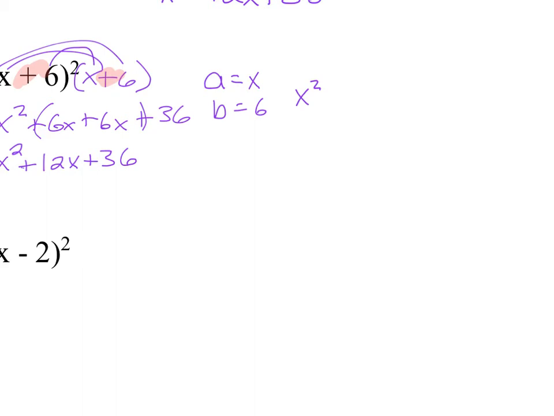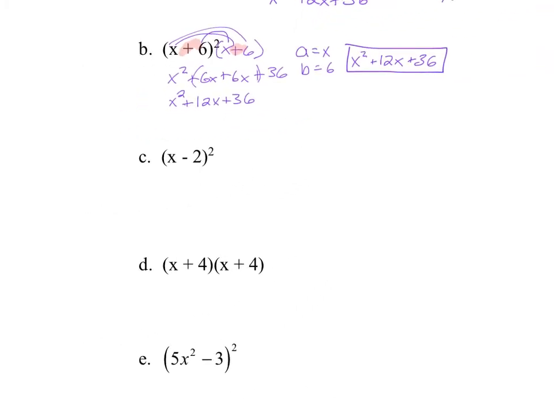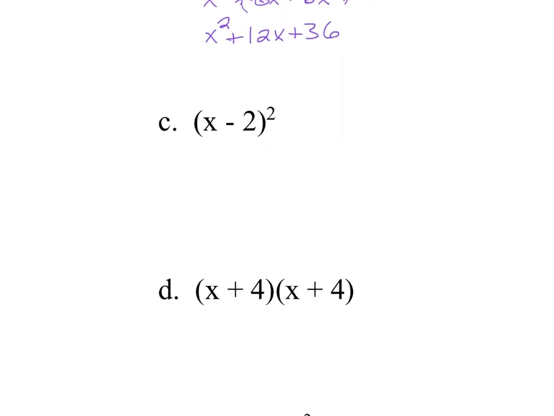So it's plus, and then ab times 2. So that's 6x times 2 is 12x. And then plus b squared, which is 36. So see, I came out with the exact same answer either way I do it. Okay, so you want to be able to use that formula because it will make it easier for you, but you have to remember it.